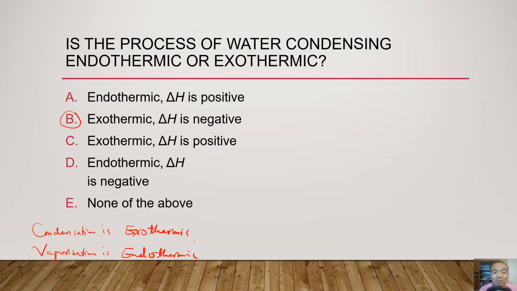You freeze it by lowering the temperature. In the freezing process, it will release heat, so freezing would be exothermic. Melting would be endothermic because it takes heat for something to melt. Sublimation, endothermic. Deposition, exothermic.